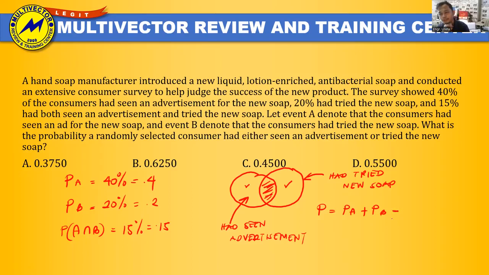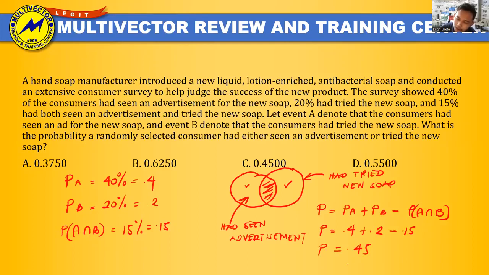So tatanggalin natin yung posibilidad o yung probability na, okay, nakita nila yung advertisement and ginamit nila yung soap, which is actually, okay, so probability of A and B. Okay, therefore the probability is just equals to 0.4, okay? So plus 0.2 minus yung probability natin na nakita nila yung advertisement and ginamit nila yung soap. Okay, kaya ang tamang sagot dito, 0.4 plus 0.2 is 0.6 minus 0.15 is 0.45.